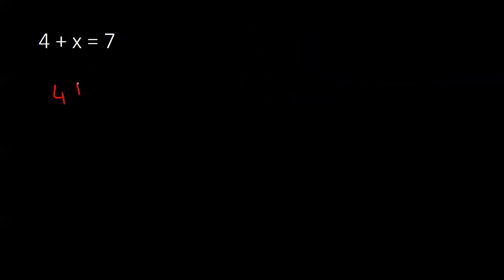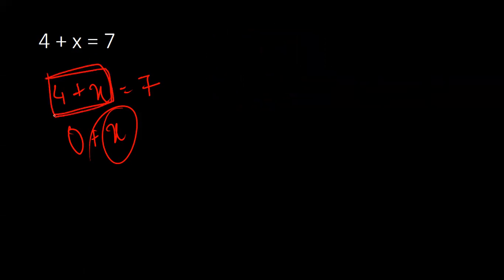So in 4 plus x is equal to 7, I want to isolate x. In other words, I want to write this as 0 plus x. If it is 0 plus x, it is nothing but x. So to make it 0, I need to subtract 4, because if I subtract 4, I'm going to get a 0.